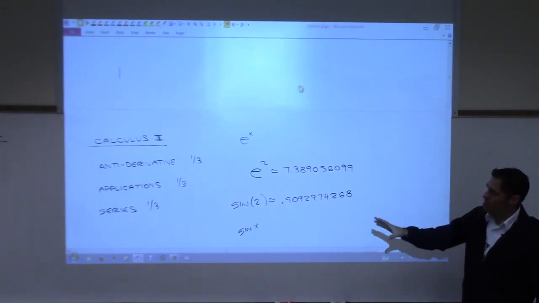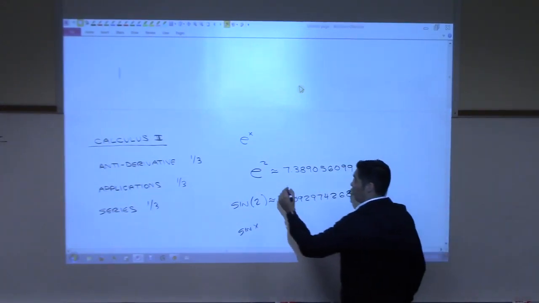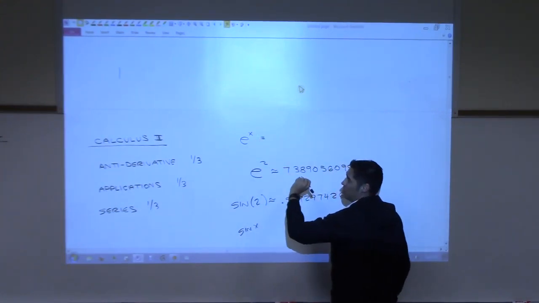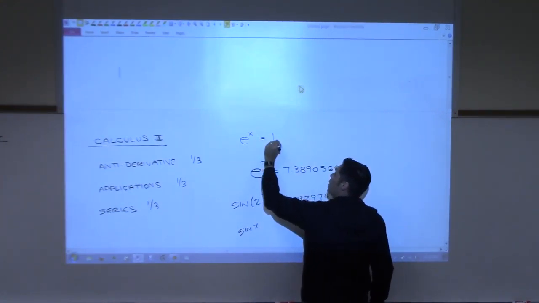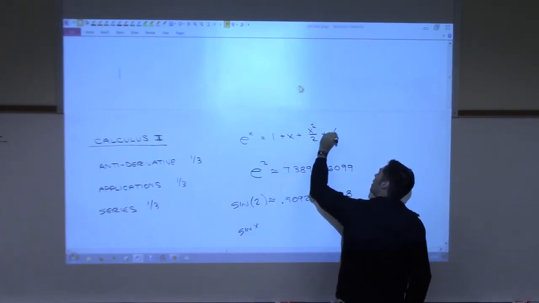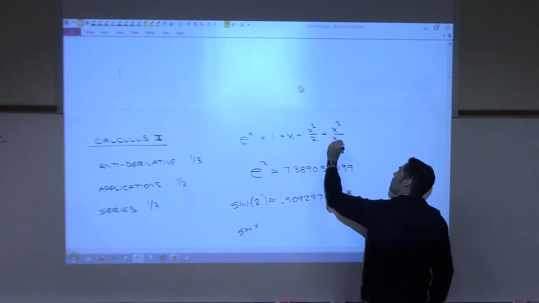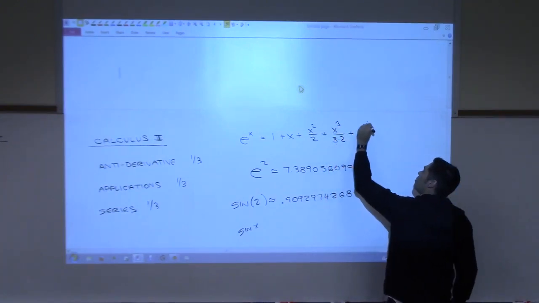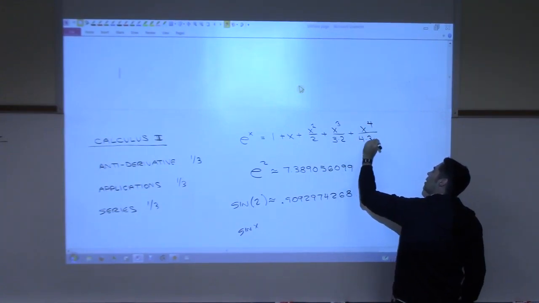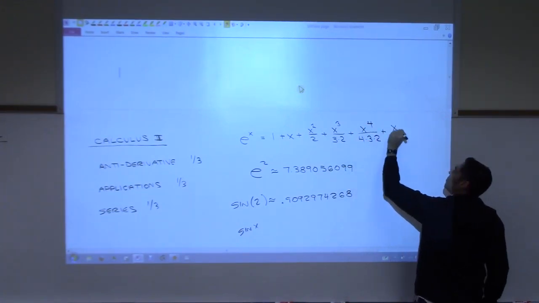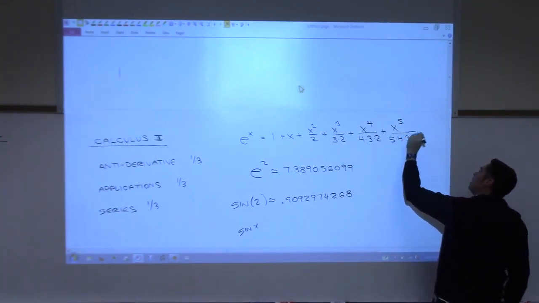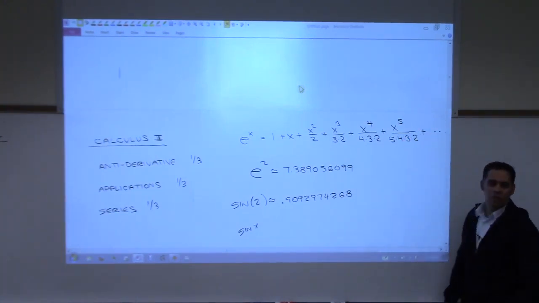So we study series, and what we'll learn is that e to the x is actually, you probably have never seen this before, 1 plus x plus x squared over 2 plus x cubed over 3 times 2 plus x to the 4th over 4 times 3 times 2 plus x to the 5th over 5 times 4 times 3 times 2 plus ... forever.